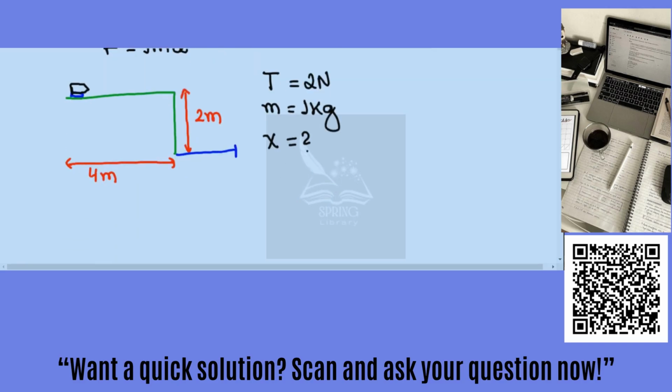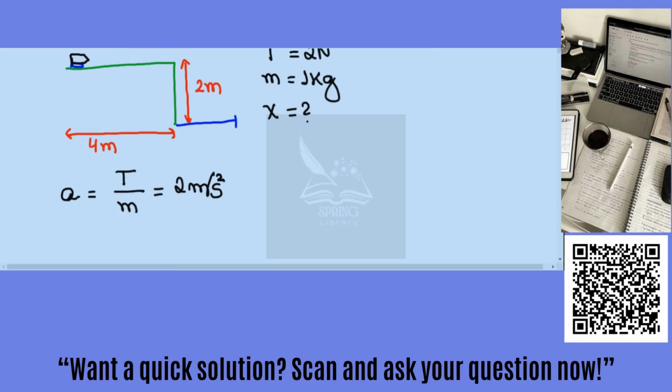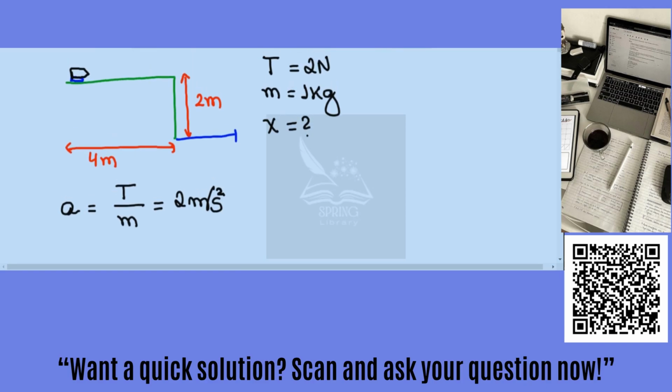So first notice that the acceleration is equal to the force, which in this case is T divided by the mass m, and that is 2 meters per second squared. This is the acceleration of the system on the table. When the object reaches the edge of the table, its velocity v will be equal, according to Torricelli's formula, to the square root of 2a times delta x, where delta x is 4 meters.